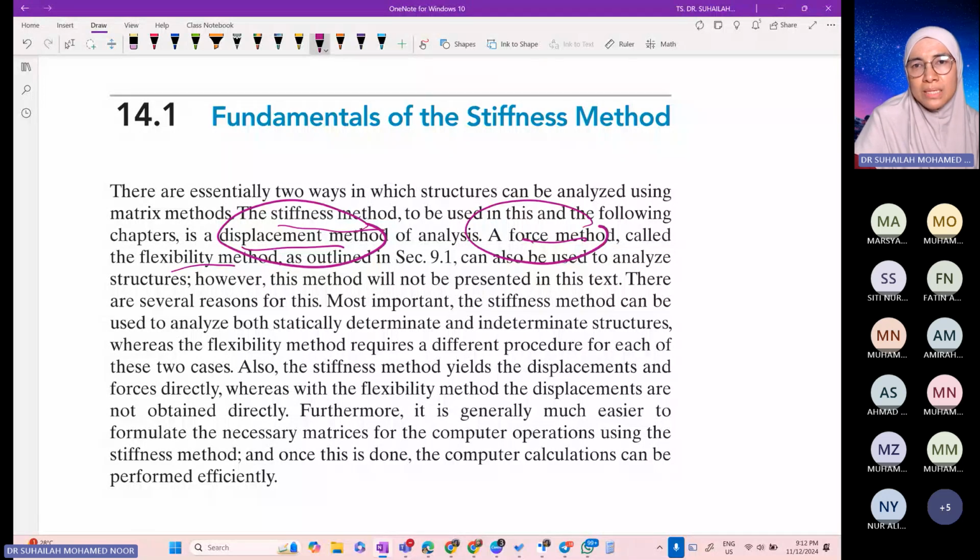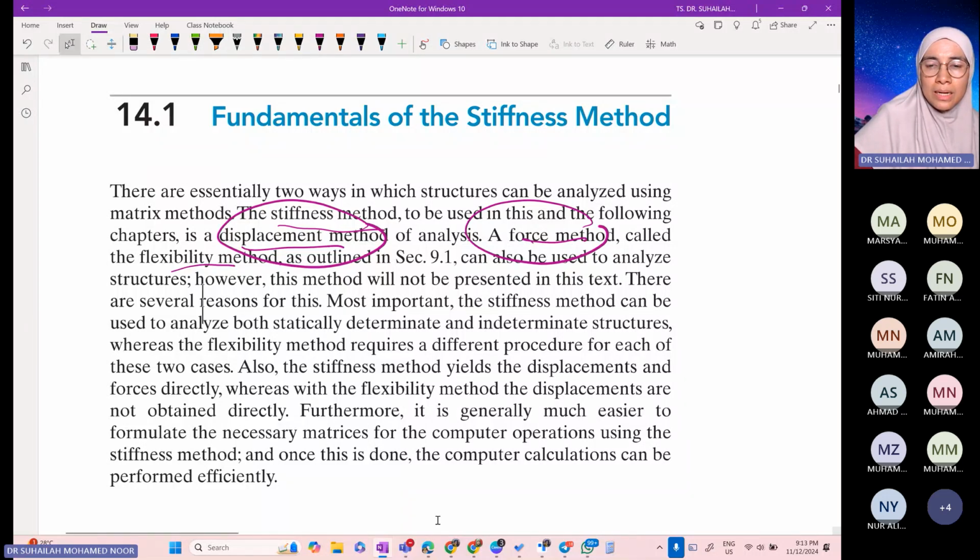Force method means force is the output. The redundant is a reaction, and also internal forces and member forces, and all these are forces. So it is also called the force method. Stiffness method, the displacement method, means that the first output we get from the analysis is displacement.